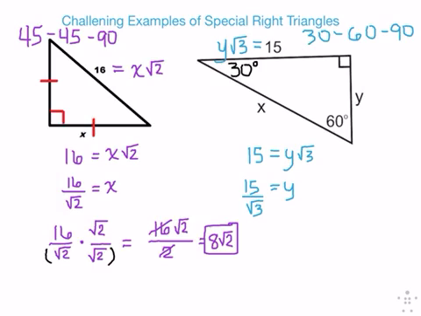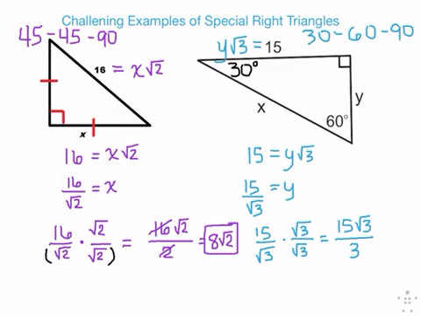And just like I showed you, we're going to multiply by the number 1 in a creative way. So we're going to multiply by the square root of 3 in the numerator and the square root of 3 in the denominator. That becomes 15 times the square root of 3, and then in the denominator we just have the number 3.